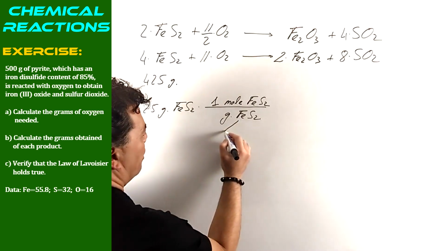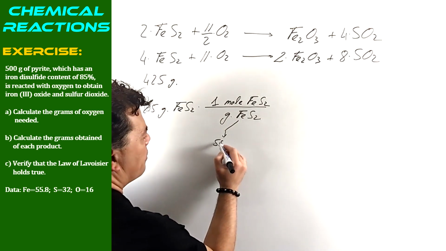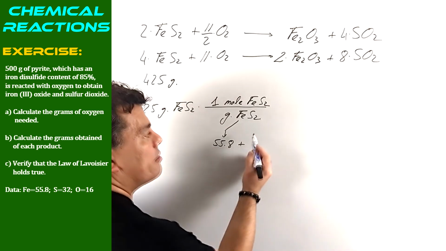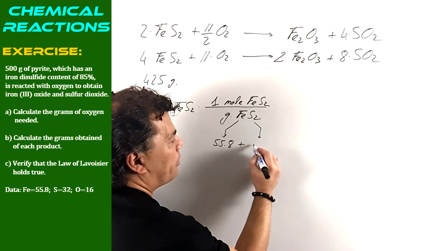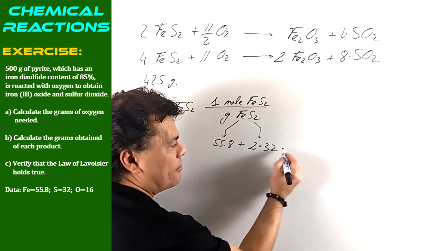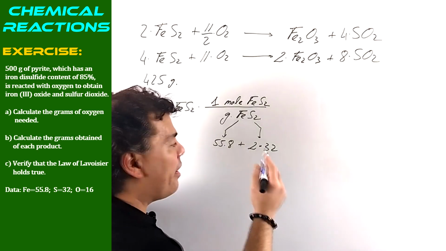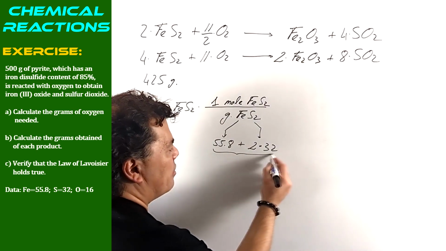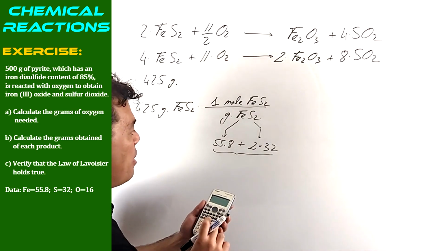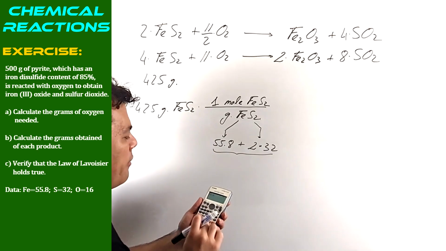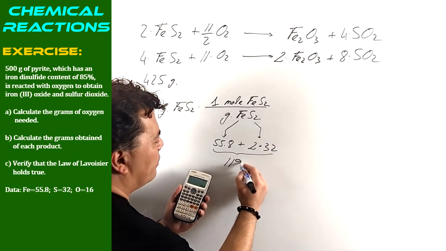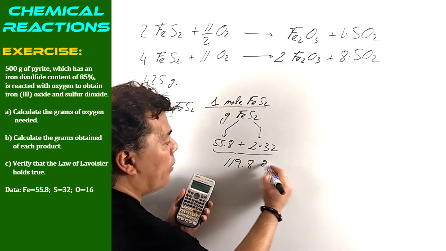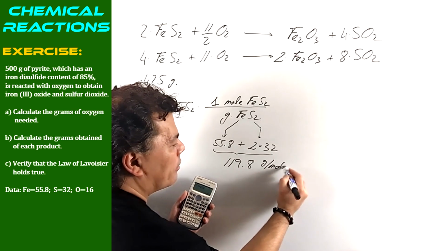Iron atom is 55.8 plus 2 sulfur atoms, so we are doing 2 times 32, as you can read from the statement. And if you place these numbers in the calculator, 55.8 plus 2 times 32 is 119.8 grams per mole. Okay?